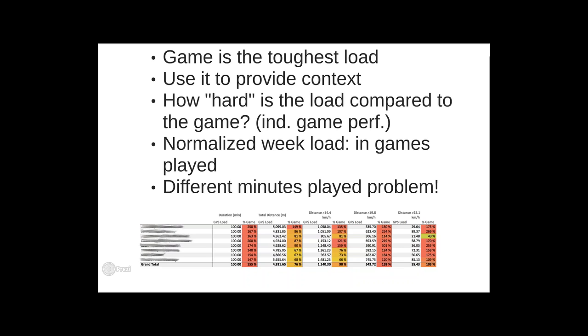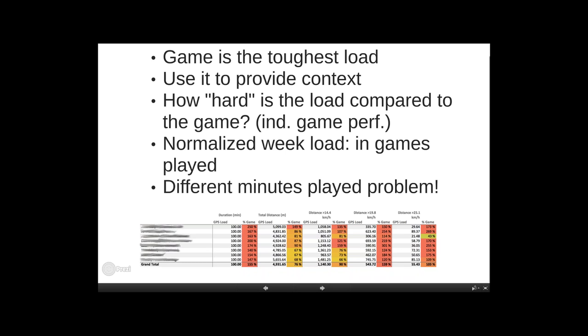So one thing to do is normalize the training load based on game load, and that gives us some idea of how hard the session was. As you can see on this table, this is from one of the reports I used. The columns are different GPS metrics, and in normal color is the actual value of that metric for each individual.